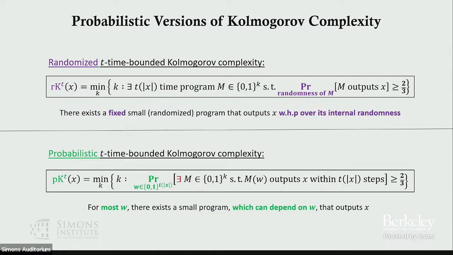And another slightly more complicated notion is called probabilistic T time-bounded Kolmogorov complexity, or PKT.